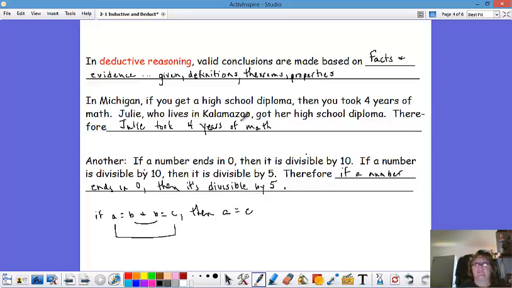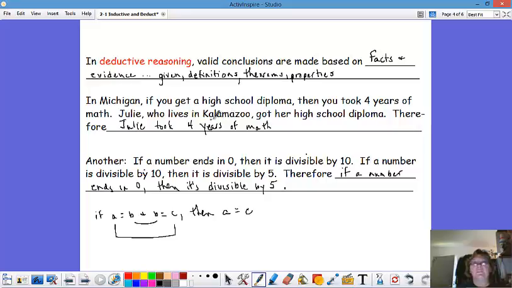A little bit different from this one. In this one, we were presented with two facts. You get that in Michigan. If you have the diploma, then you took 4 years of math. Then we got an example of somebody who lives in Michigan. And then we said, well, that conclusion must be true then, right? Here we had the statement of a fact. If you get a high school diploma in Michigan, you had to have taken 4 years of math.